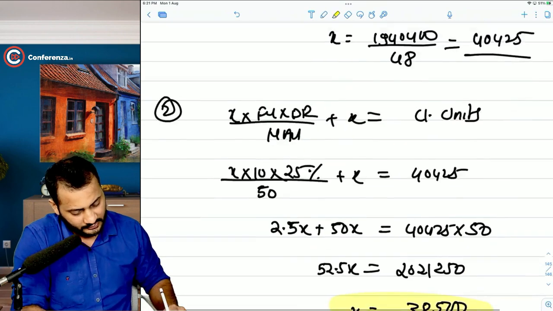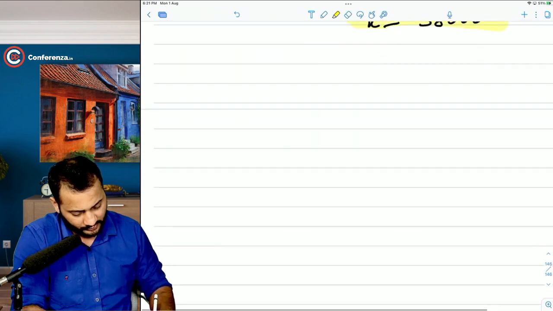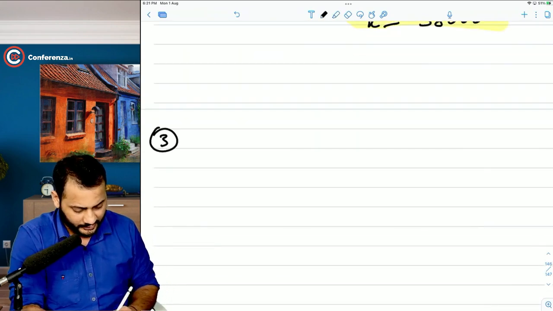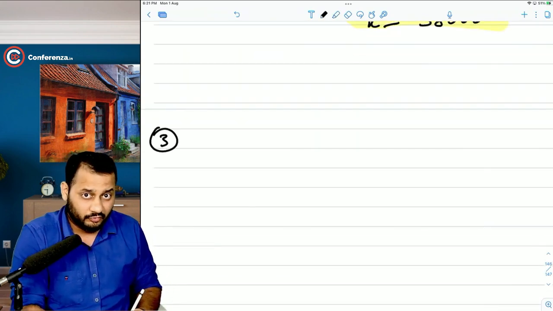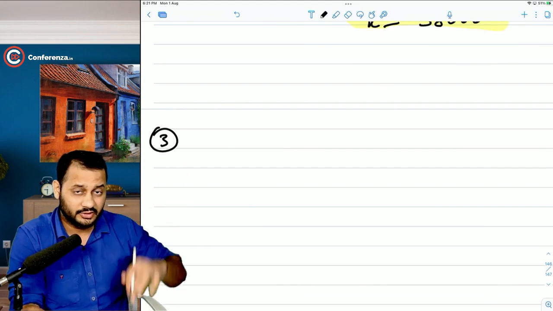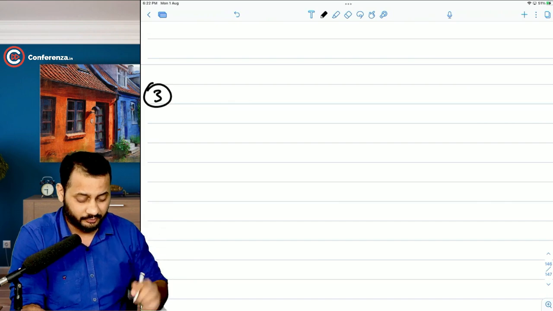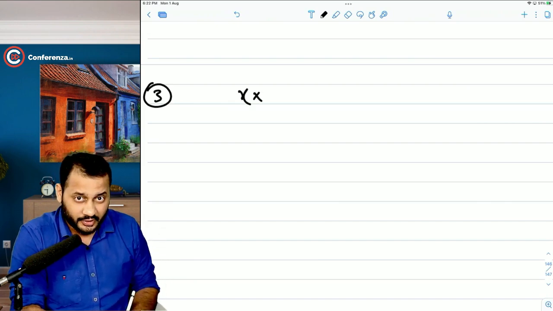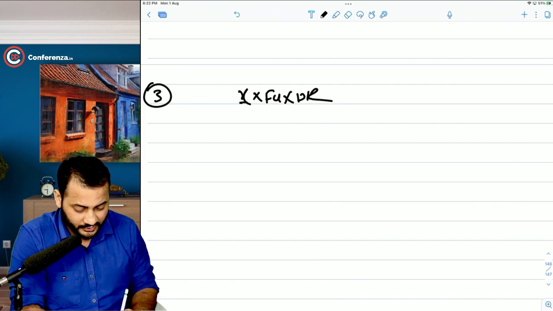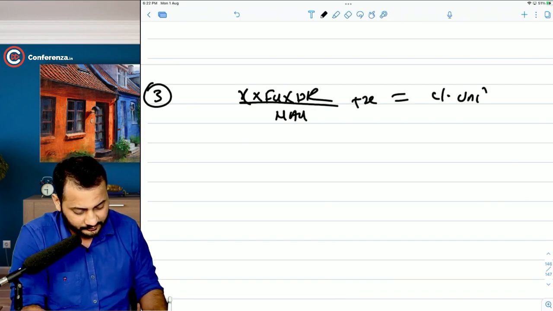Another answer. This was one more calculation to be done. Again, write down the formula. Use your brain. Do not just scroll above and copy paste the formula. You should remember it. So X is the opening unit, face value, dividend rate, NAV plus X, closing units.